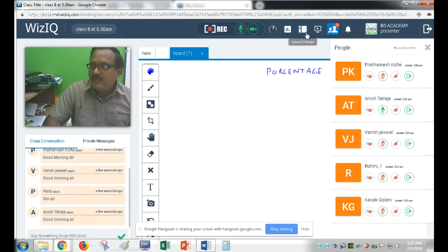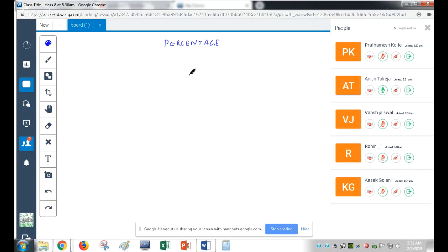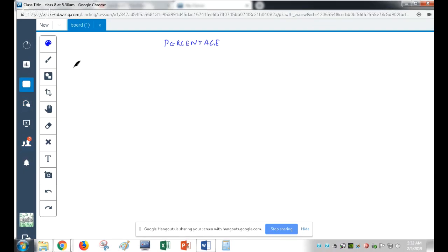Okay. Now, percentage. Before you know about the percentage, you should know about a ratio. Ratio means comparing two quantities. It is a comparison.